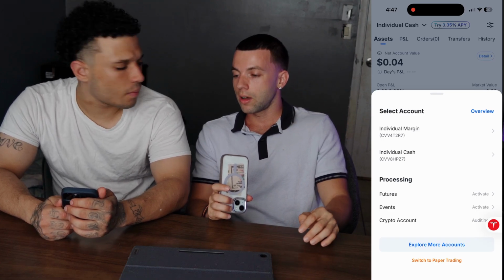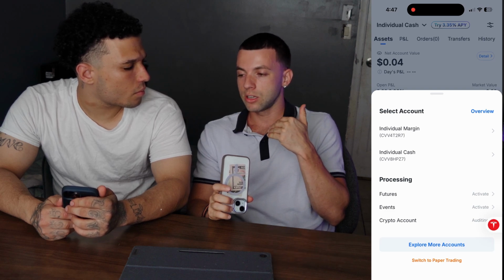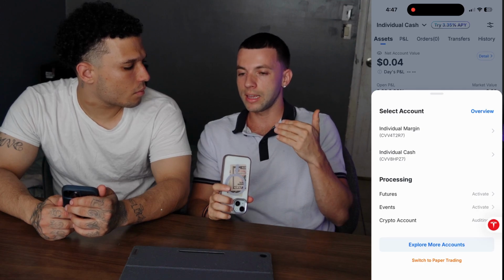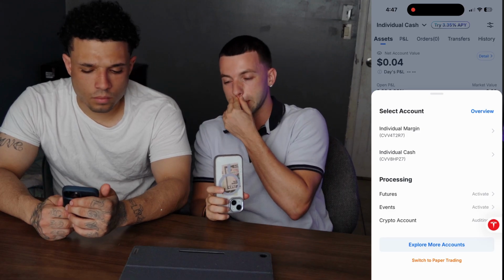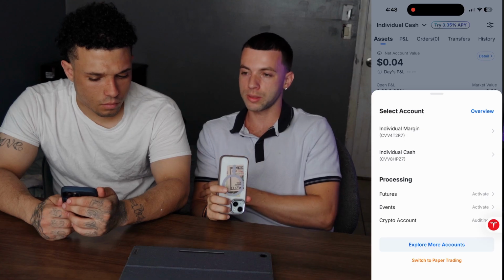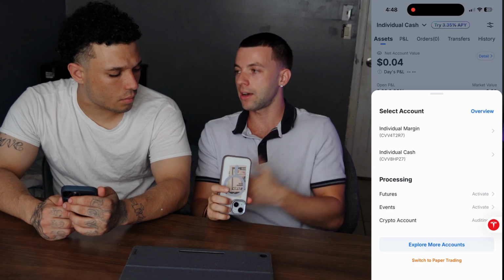Margin account is pretty much like you could borrow extra money, but that's only if you have shares, really. With the margin account, let's say you have $10,000 and you bought $10,000 worth of Apple. The margin account, they'll front you another $10,000 to trade with.